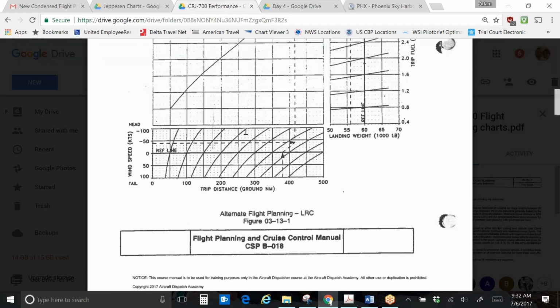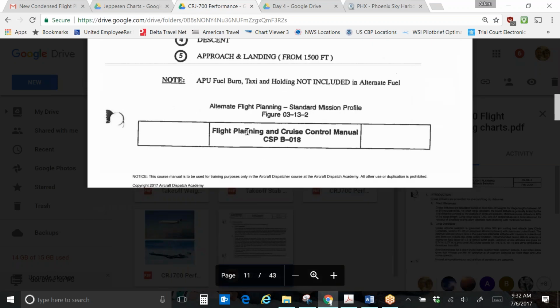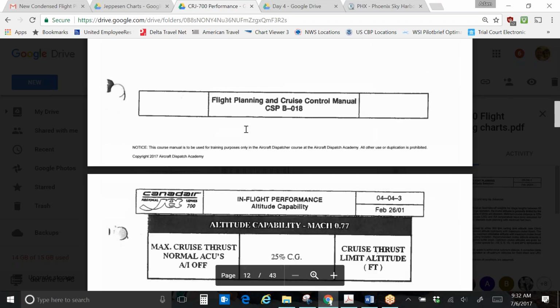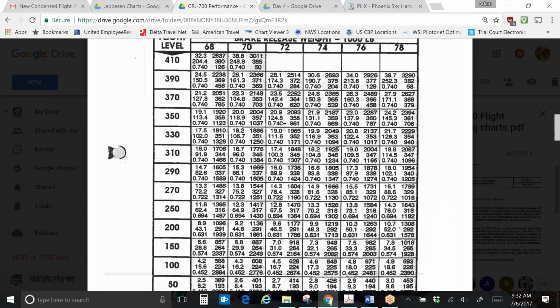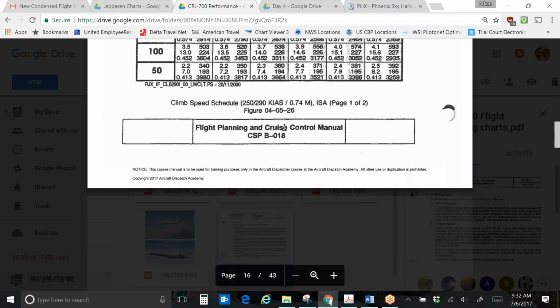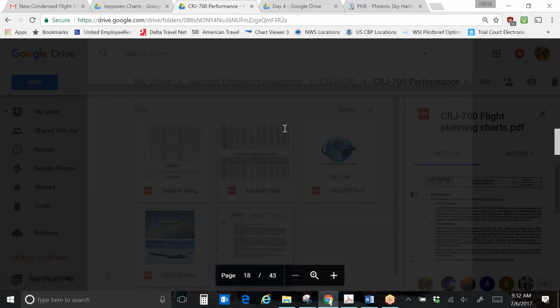Okay, so now we are going to go down and I am going to go to my climb chart. So here you see ISA minus 10. Remember, we're going to the highest chart we have here, so ISA plus 20 ultimately is what we're looking for. Just need to let the computer catch up.